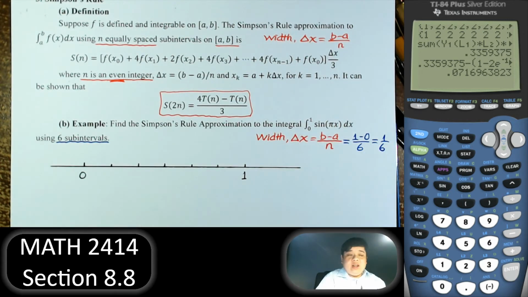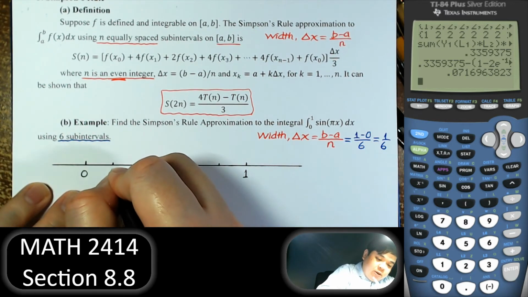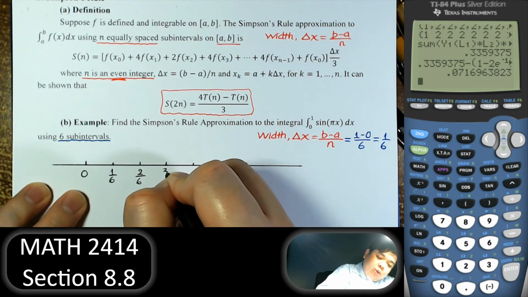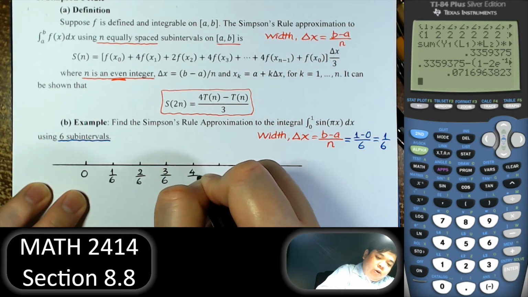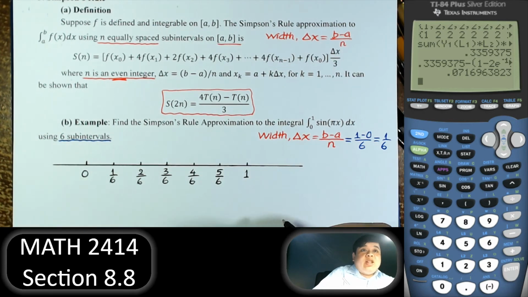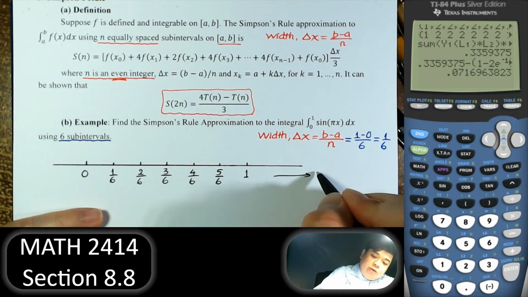So the width is 1/6, and the increment from the first one is 1/6. So we have 0, 1 over 6, 2 over 6, 3 over 6, 4 over 6, 5 over 6, 6 over 6, which is 1. Right, so that's good. Of course, we're going to store all of this into L1.